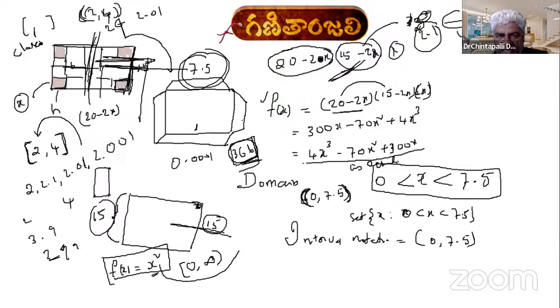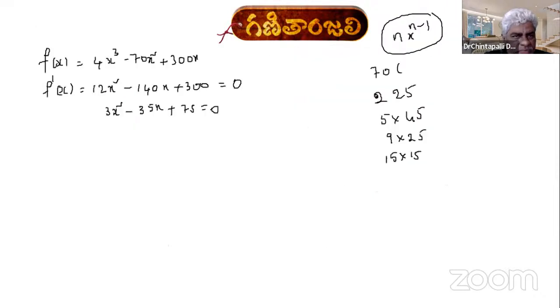Volume is length into breadth into height, giving 4x cube minus 70x square plus 300x. This equation is correct. Its derivative is 12x square minus 140x plus 300.